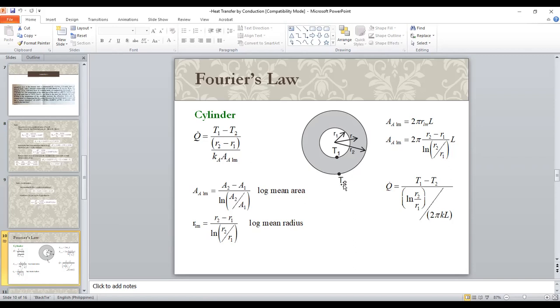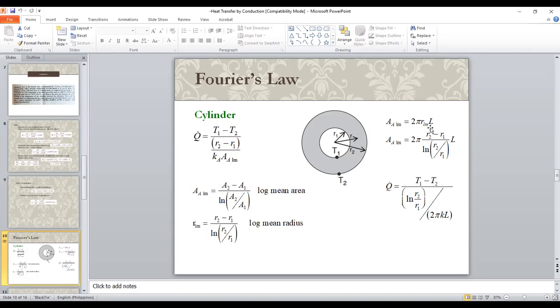If it's cut through the center, it becomes a rectangle. In short, the area that we're speaking of here is the 2 pi r L area: the circumference of the circle and the length of this particular cylinder. That will constitute the area equivalent to that of a rectangle.